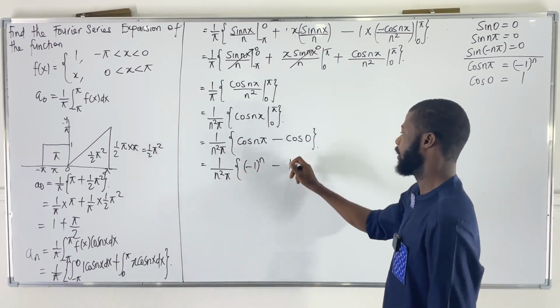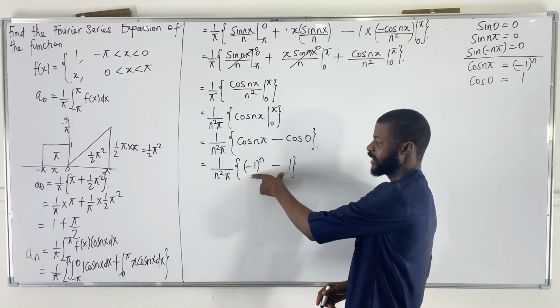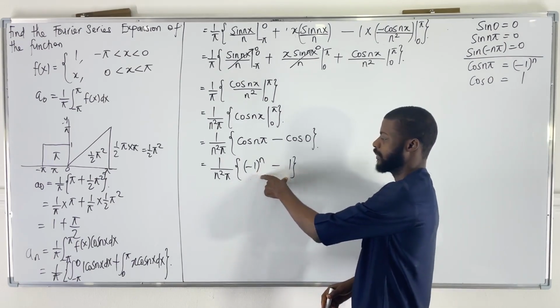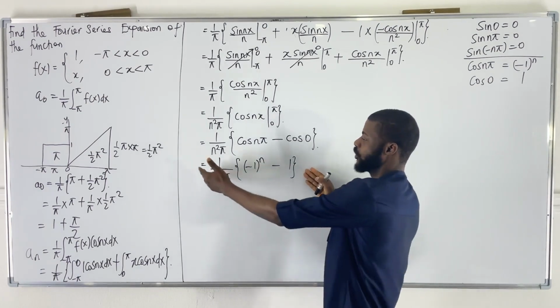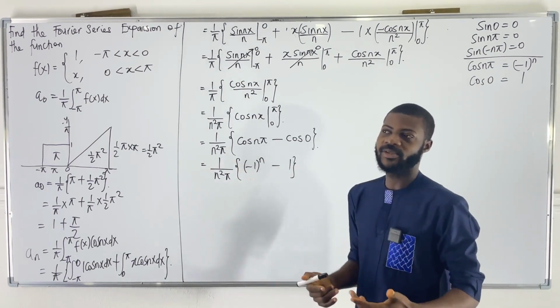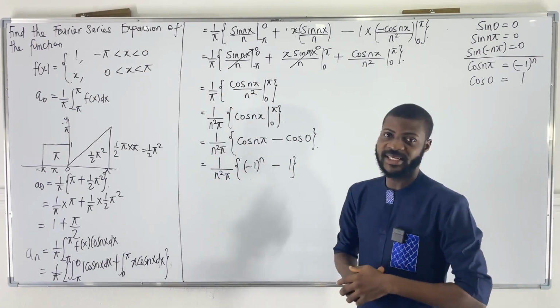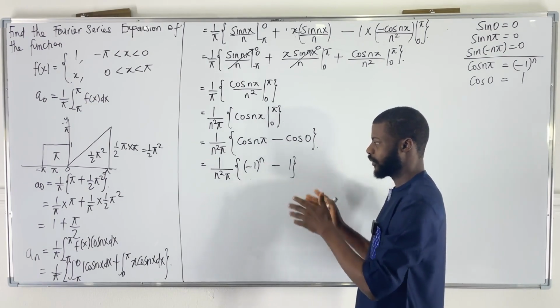And the good thing about this very expression is that it can be 0 at times and it could be a number at times. So sometimes you might want to simplify this whole thing, because our main aim is to make sure that we simplify very well before we then get the Fourier series expansion. So let's try to simplify this very well.